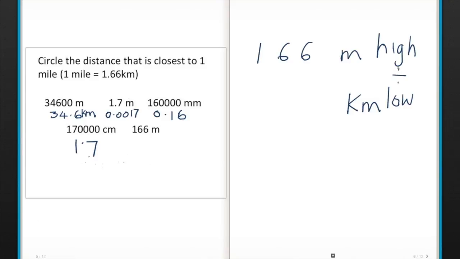We're talking about kilometres, so we're dividing by 1,000. Decimal point at the moment is here. Left for lower. 1, 2, 3. So my answer will be 0.166. So the closest one is going to be this one.